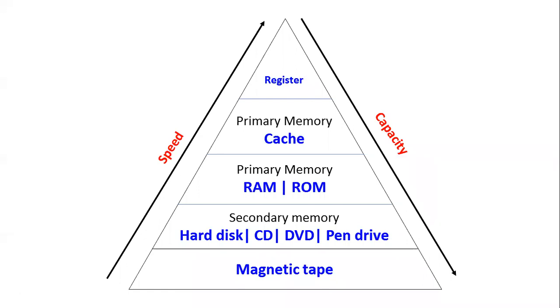But according to the other line, capacity, the lowest capacity is with the registers, the memory at the top of the diagram. The highest capacity is with the magnetic tape, and hard disk, CD, DVD have a medium level of memory capacity.